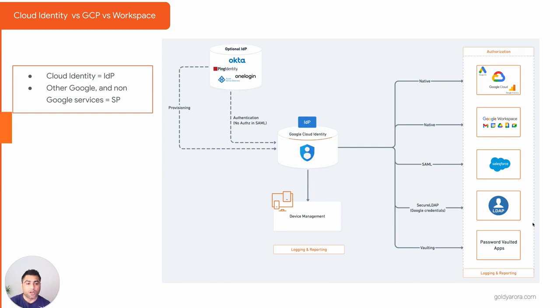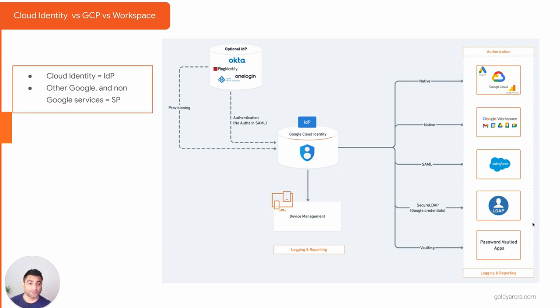Now, Google Cloud Identity is also capable of acting as identity provider, service provider, or both. So as you see, the optional layer here, where you can have Okta or Azure AD or Ping or OneLogin as your optional identity provider, can, number one, provision the identities to Google Cloud Identity.